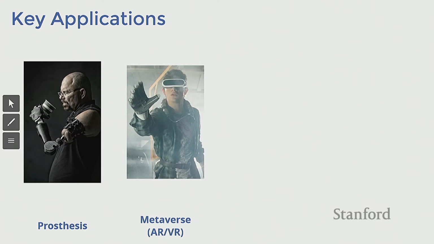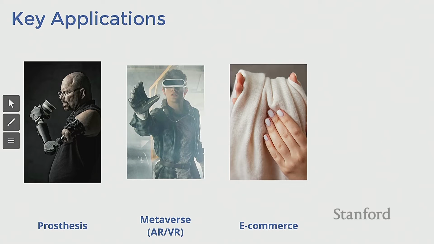But there are, of course, also other fields of applications. There is this whole idea of the metaverse, where you want to be able to also physically interact over the distance with different people, whatever that means. You have potential applications in e-commerce.